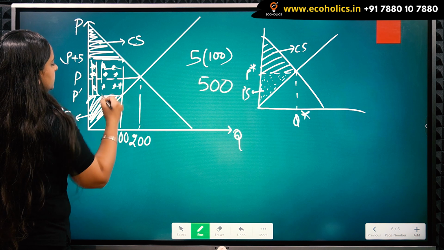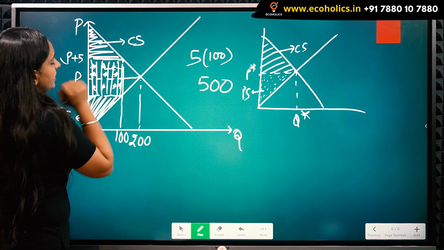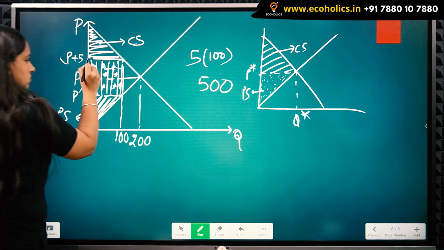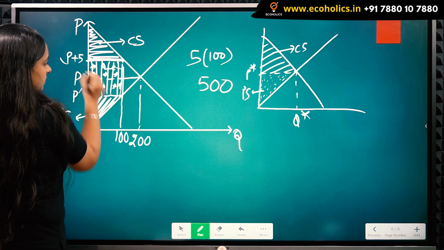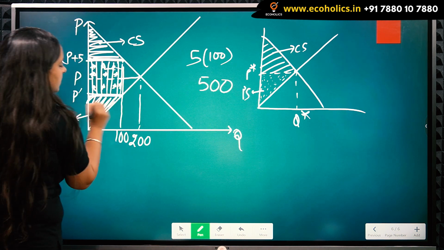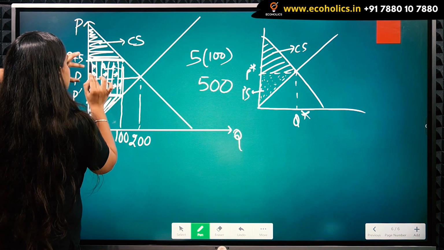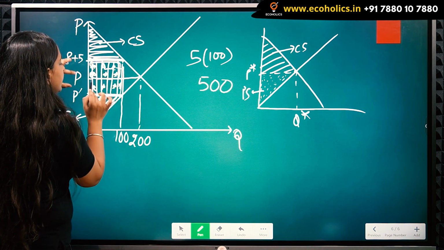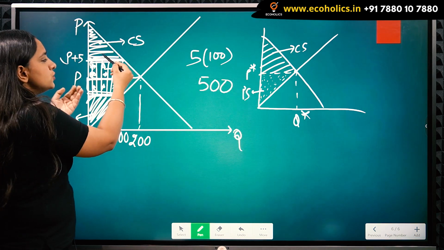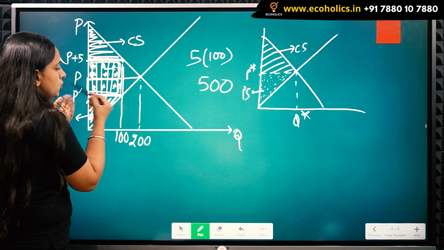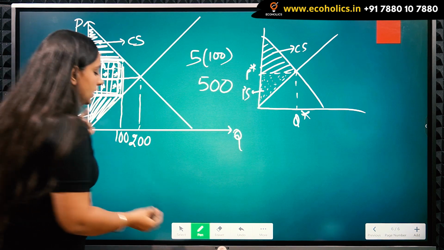Earlier it was included in consumer surplus and producer surplus, but now this half has shifted from the consumer to the government, and this half from the producer to the government.